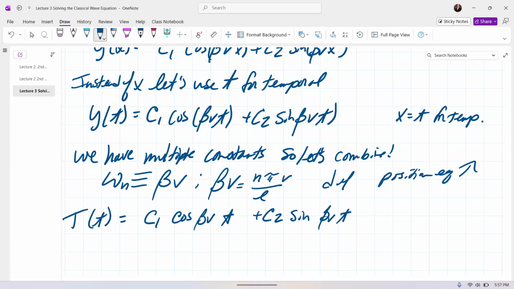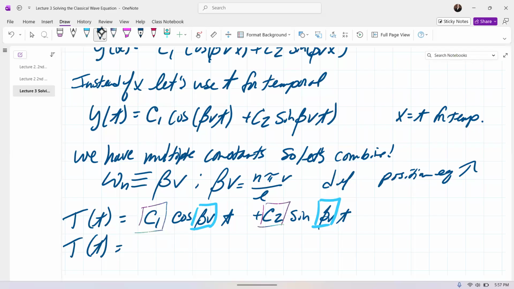And now the βv's are going to get substituted. I'm just going to do it like this so you can see how I'm doing it. Also, I'm going to change these constants to a different name.